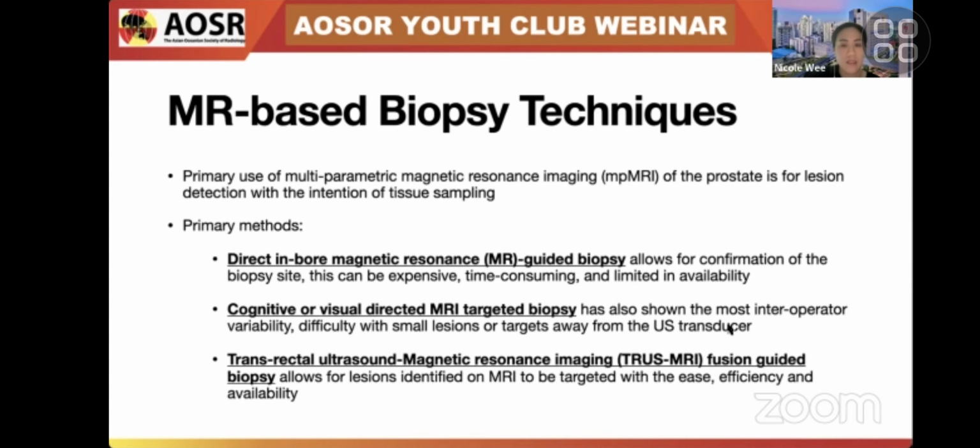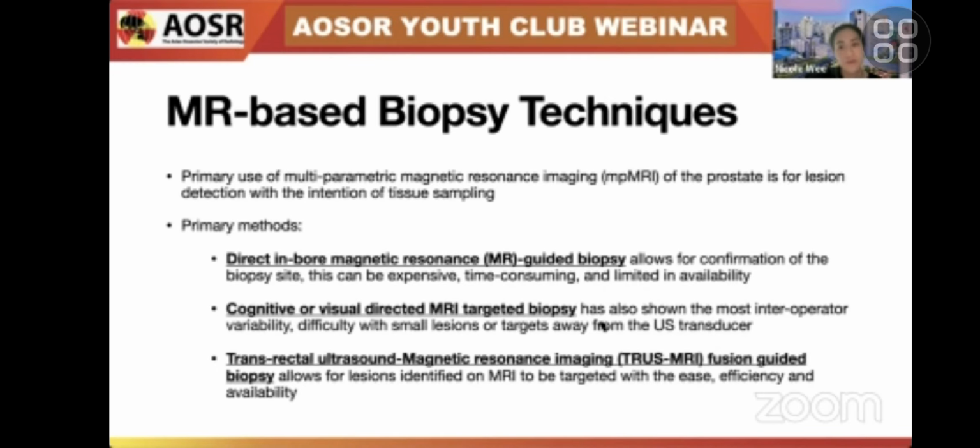Using this technique, the radiologist actually reviews the acquired MR images and determines the location of the target lesion relative to normal anatomical landmarks. So you can use structures such as the urethra, the prostatic base, the seminal vesicles, or you can use other fiducials, such as cysts or calcifications.